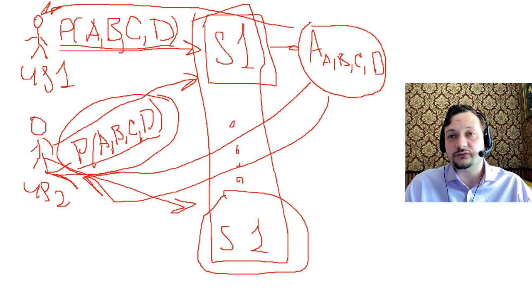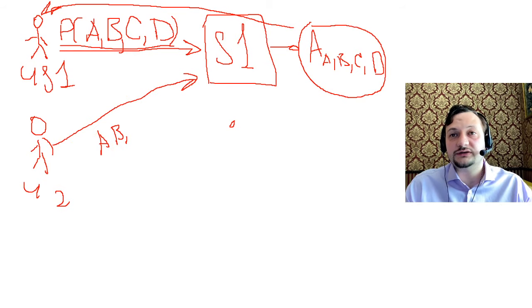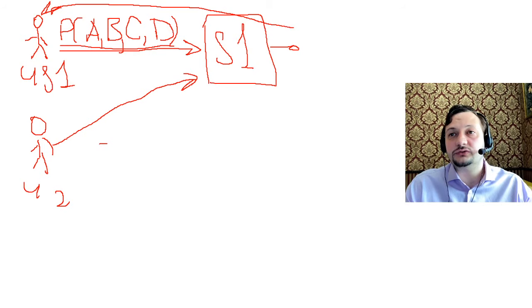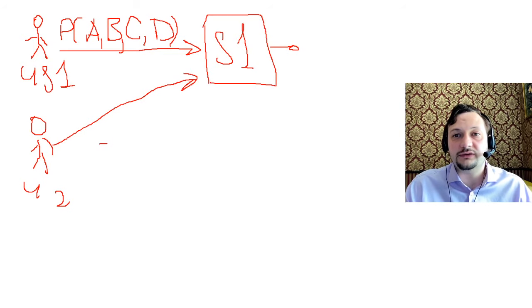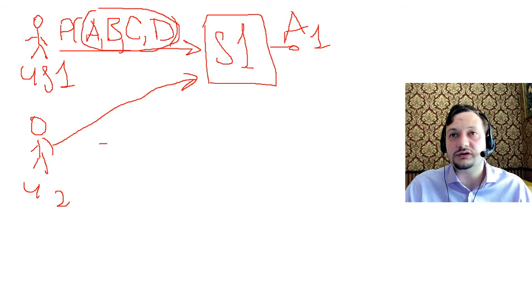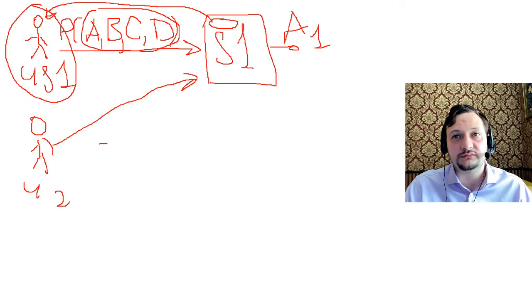The stateful service, on the other side, is very, very different. If we have a stateful service and the user sends us a request A, B, C, D, the stateful service would give the user an answer that is based on the parameters of the call, but also on some hidden state information about this specific user that is stored inside the service.